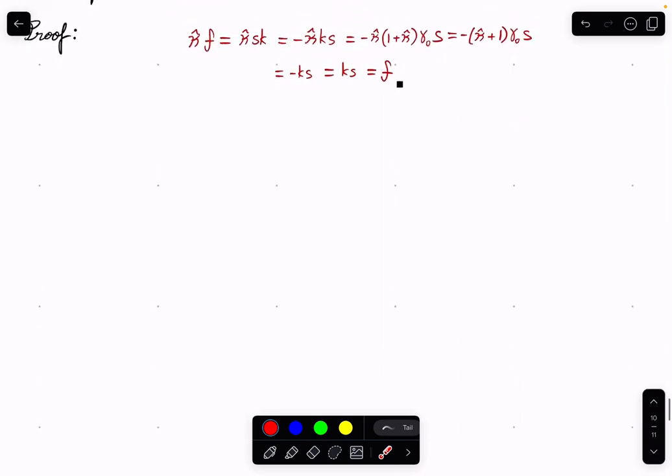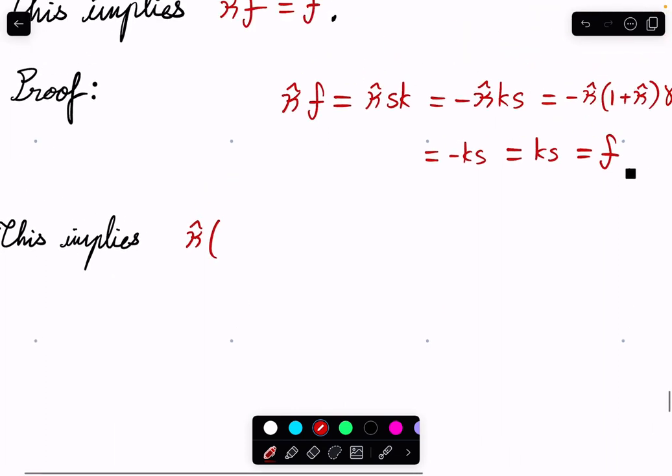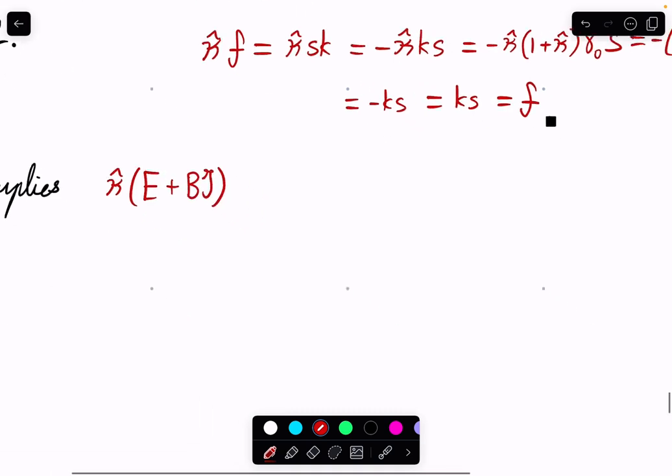So okay, we have that. But another thing that this implies is that kappa, if kappa times f, so if we break down f into its space-time split here, is equal to kappa E plus kappa BI.